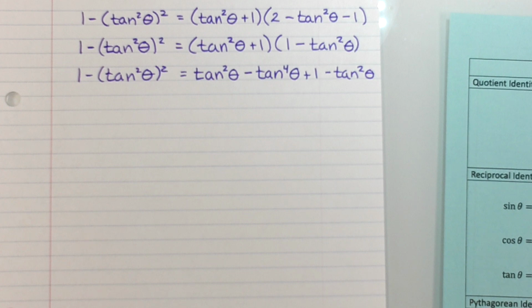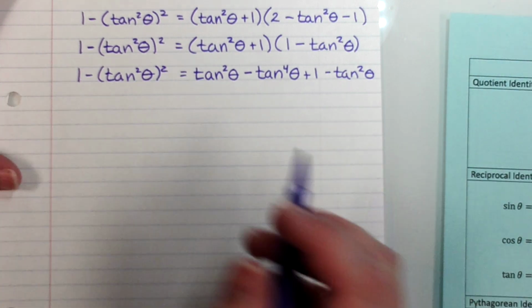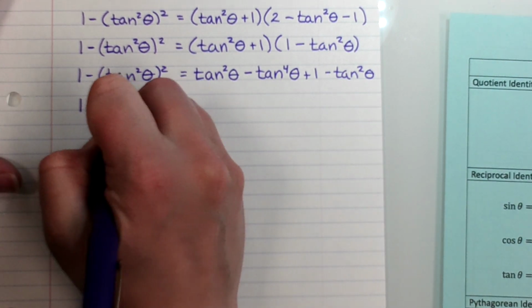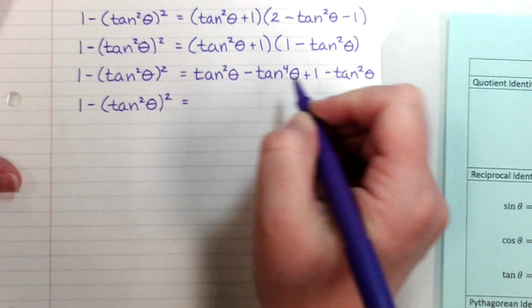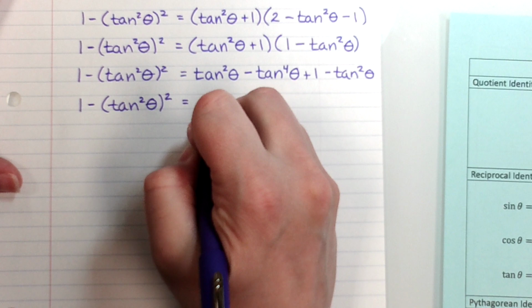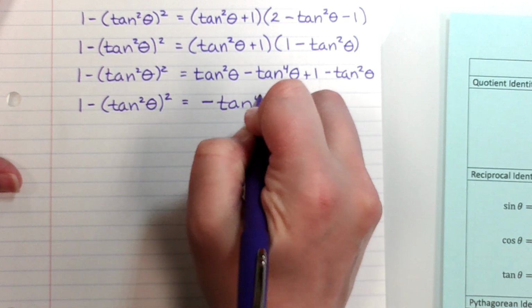John, now what? Yeah, we could combine some like terms. Tangent squared and negative tangent squared cancel out. I'm left with negative tangent to the 4th theta plus 1.